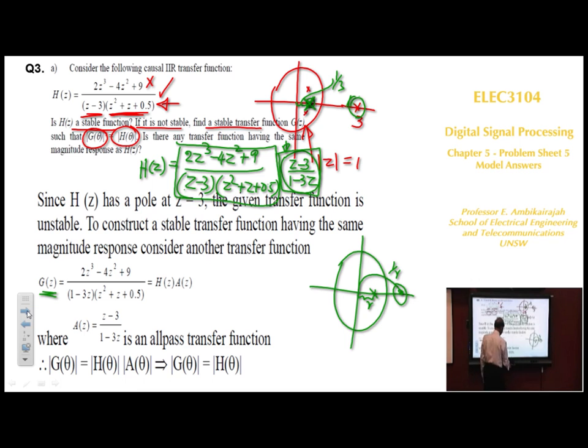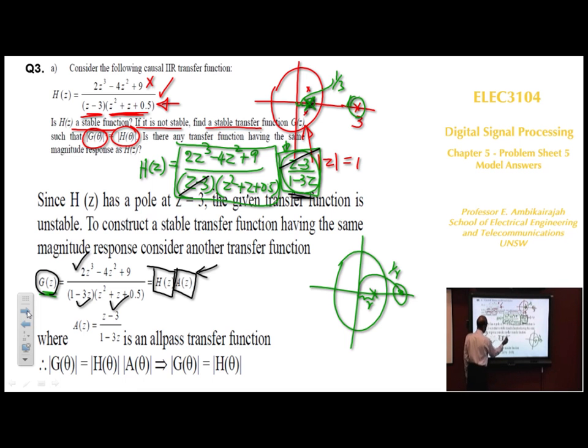You will find that this fellow cancels out with that fellow as soon as you multiply. So you will get a new transfer function G(z), where the original remains, these two cancel out, and you have another term, 1 minus 3z. So G(z) is H(z) times A(z).